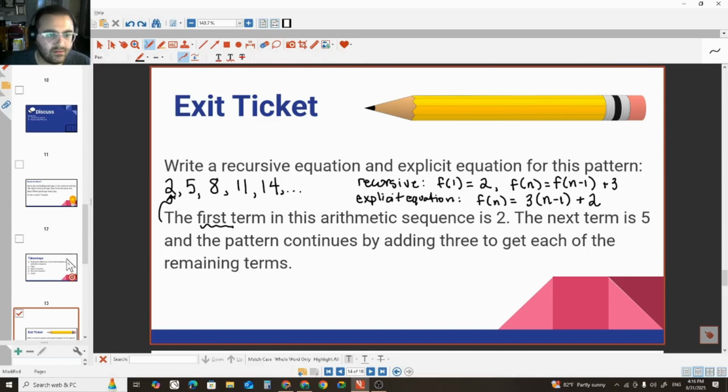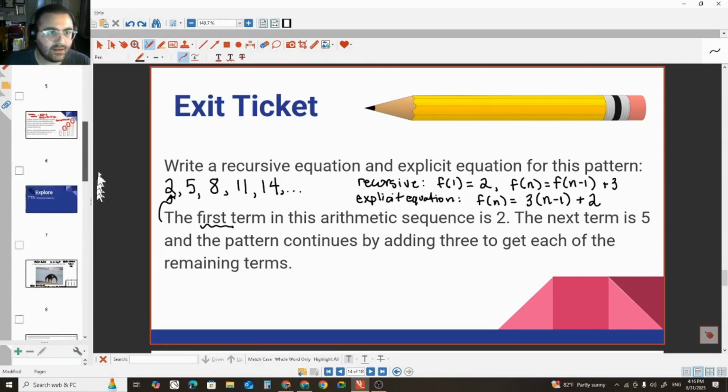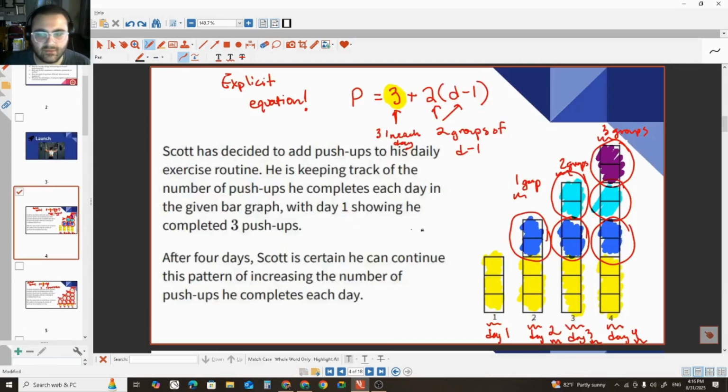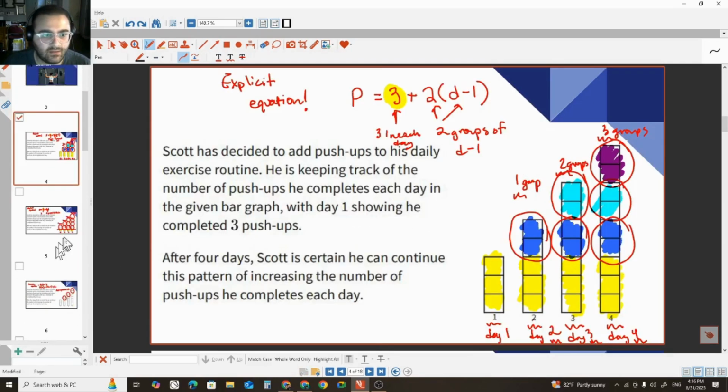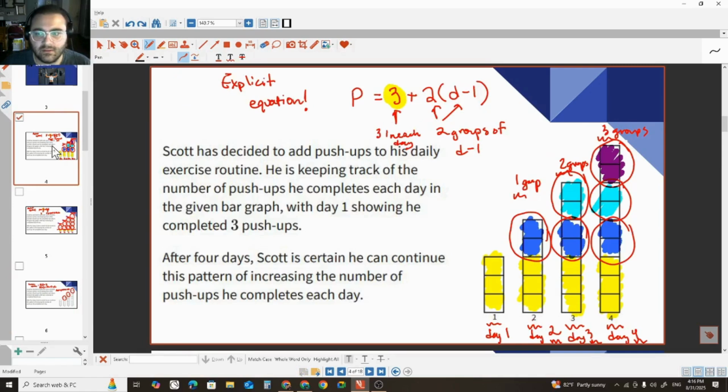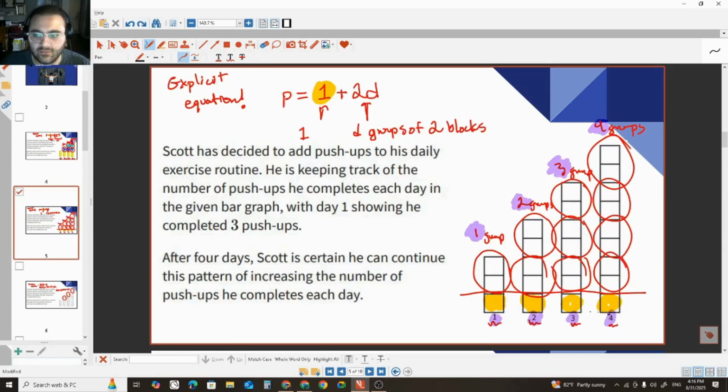Okay, that is the end of Scott's workout. I hope this was helpful. Just to summarize, there are 3 ways we can think of this pattern. We can think of it explicitly, starting with 3 on each day and then adding 2 groups of d minus 1. We can think of it as all of them starting with 1 and adding d groups of 2.